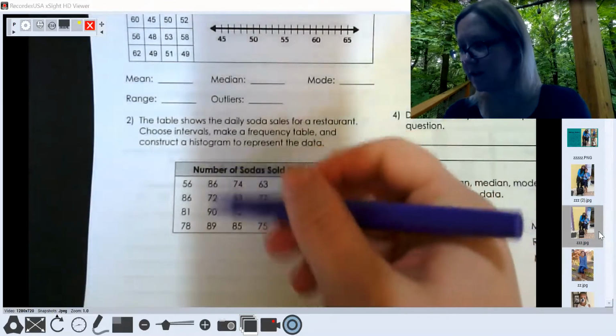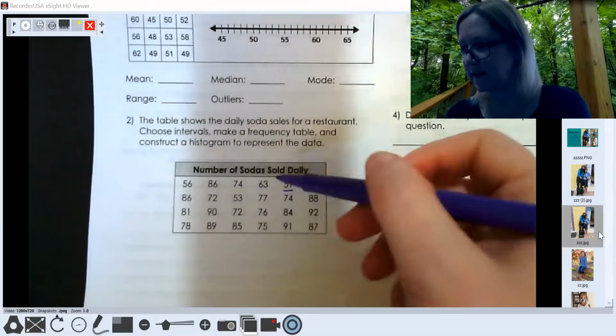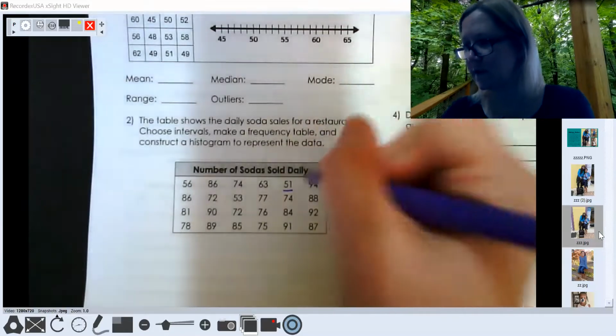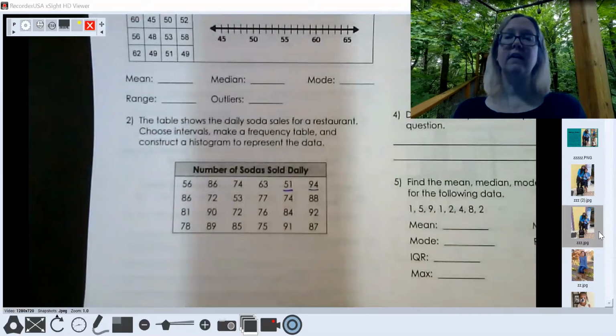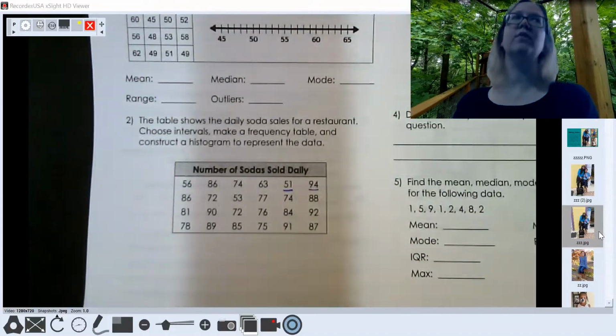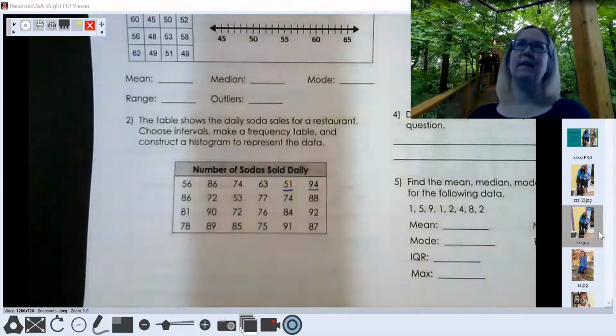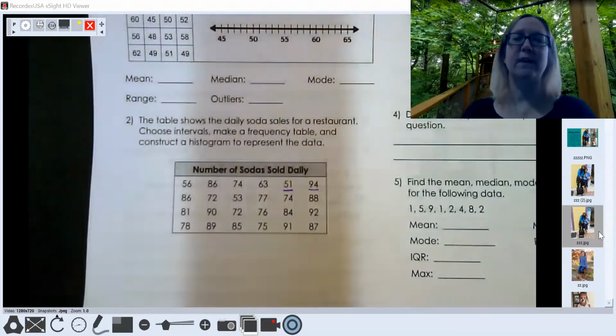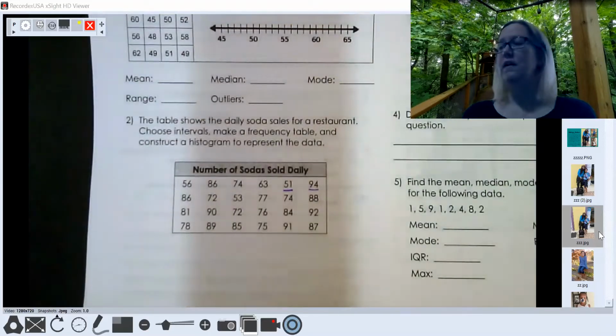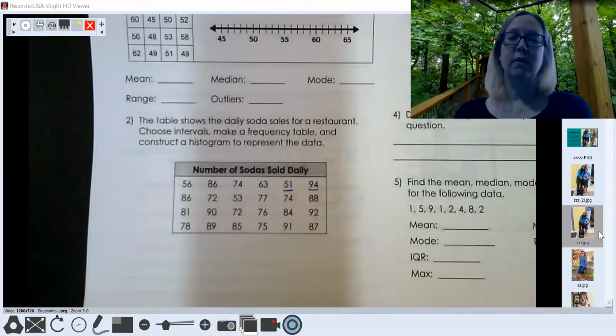I don't see anything in the 3 digits, so it looks like it's going to be something in the 90s. Looks like my highest is 94. So if my data goes from 51 to 94, what automatically pops in my head is, well, that's about 40 numbers. So intervals of about 10 sound reasonable to me. So I'm going to group my numbers into intervals of 10.